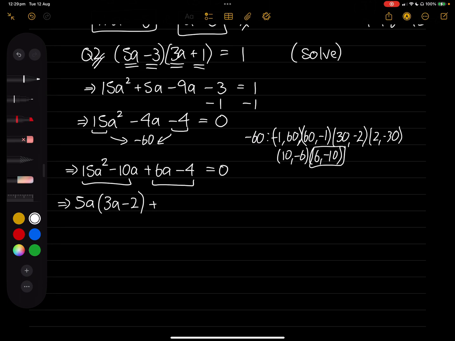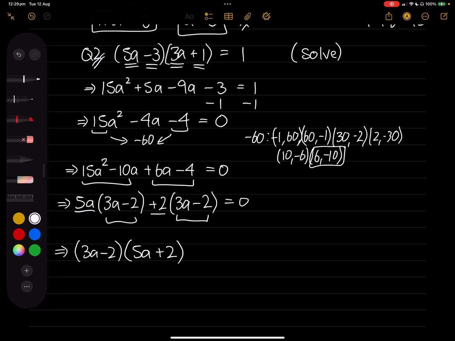From the second one, we can divide both of them by 2, so we will get 2 in front of 3a minus 2 equals 0. Common bracket, so we can factor it out the front. We get 3a minus 2 times 5a plus 2, all equal to 0. Now we can set each bracket equal to 0, solve, and we're done.